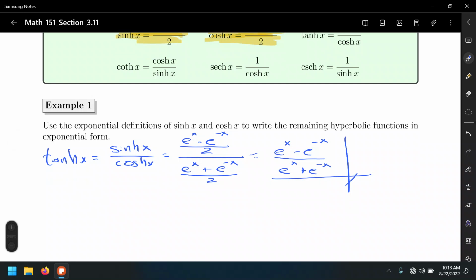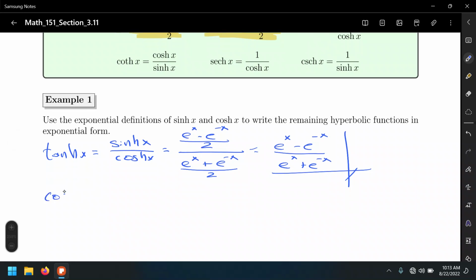Let's write the coth function, which by definition, first of all, this is cosh over sinh. Rather than setting up the whole expression like this, we can just use the result from tanh and find the reciprocal, because ultimately coth, oops, I'm missing an h here.